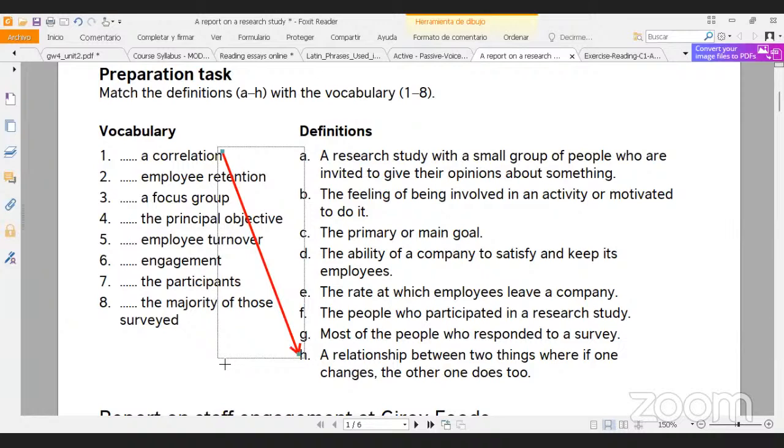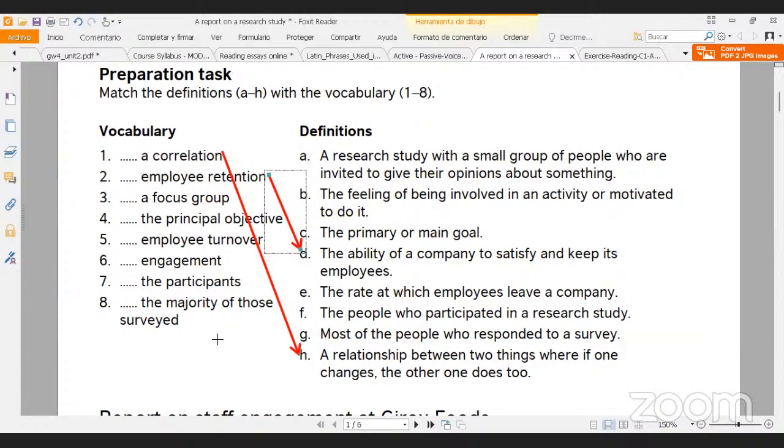Audrey. Letter D, the ability of a company to satisfy and keep its employees.